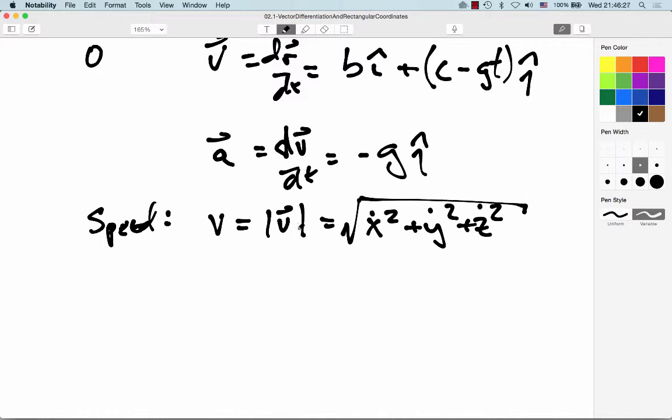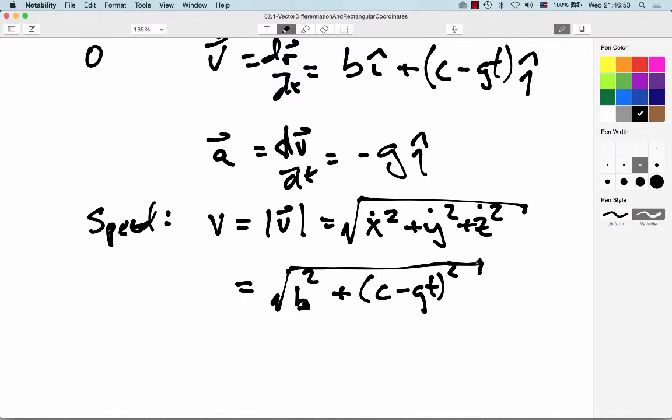So this is what I get if I do v dot v and then take the square root. So now here, the x dot squared is b squared, and the y dot squared will be c minus gt squared, and there is no z component.